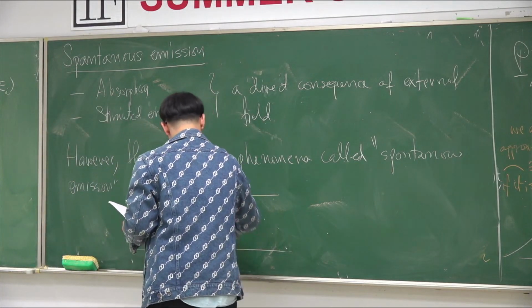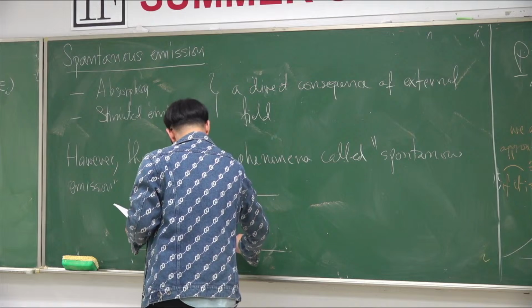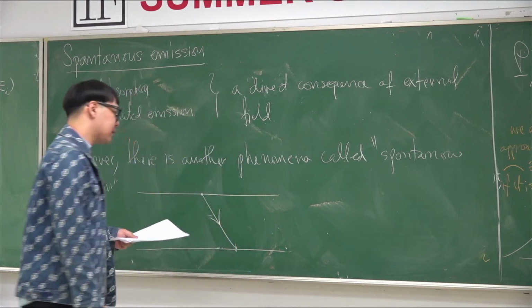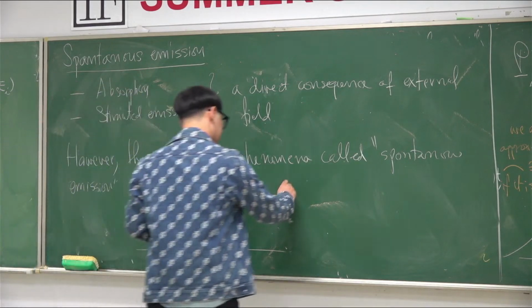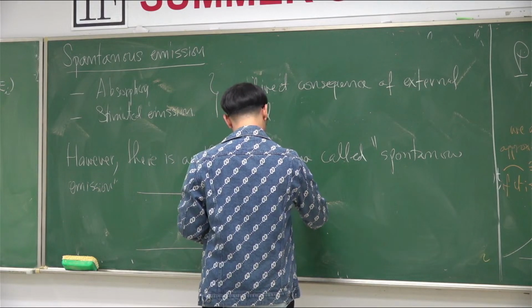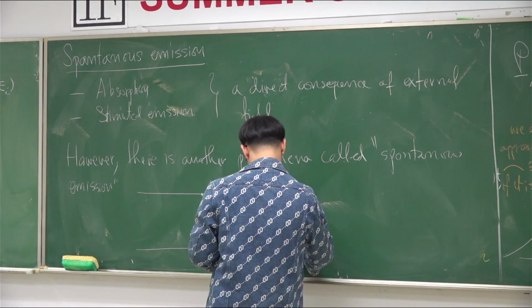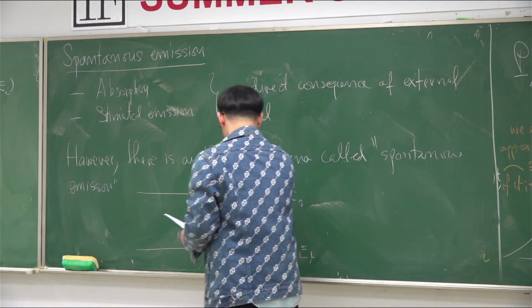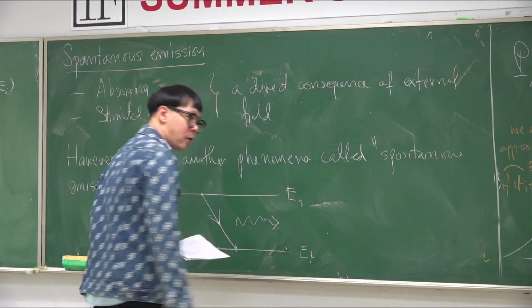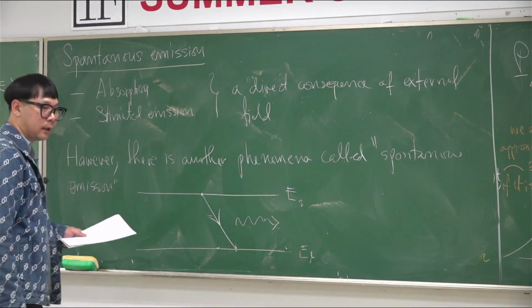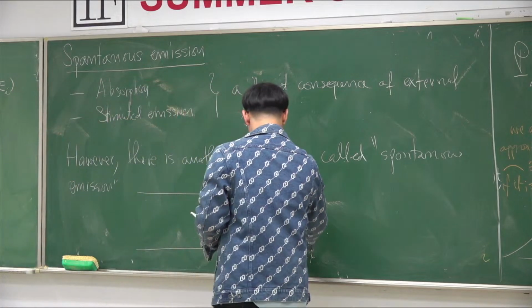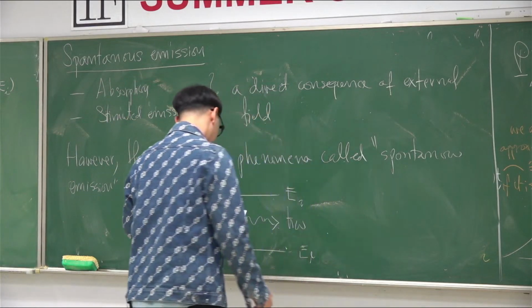If you have two different energy levels and your system is on the higher level, it has to go down to the lower energy and give up this bunch of energy.